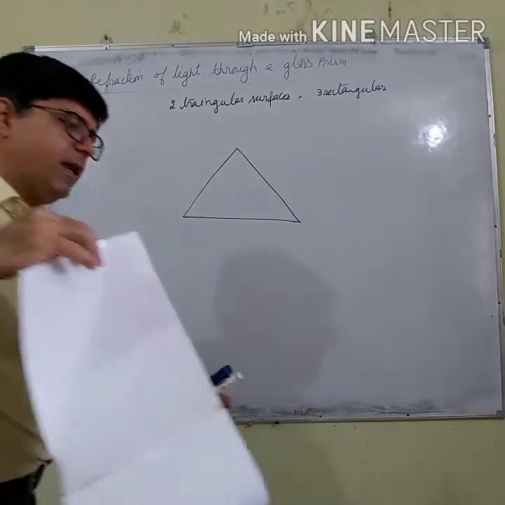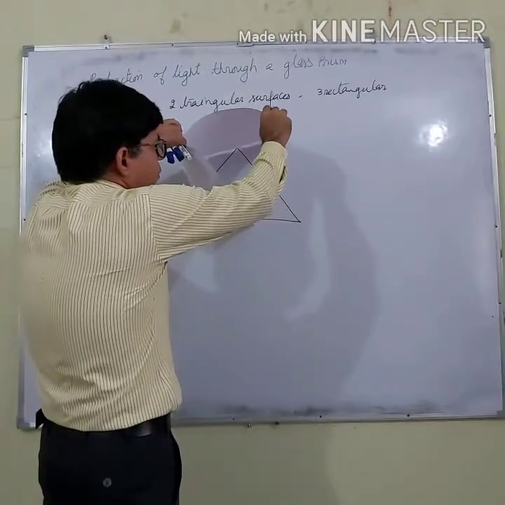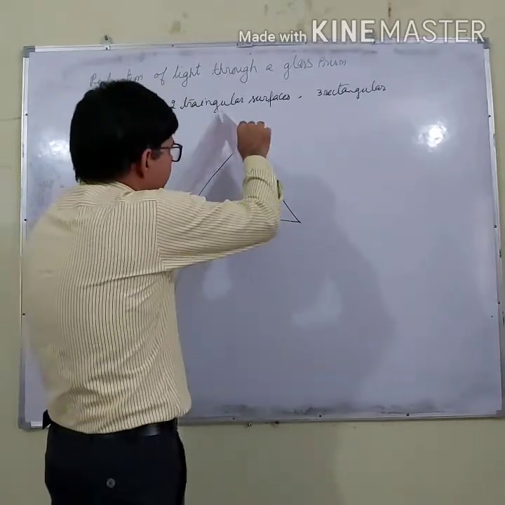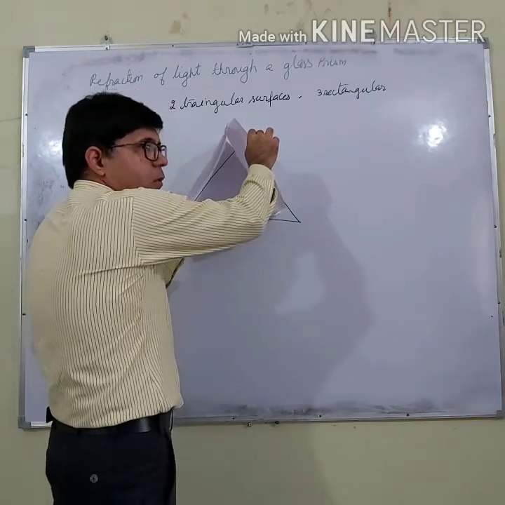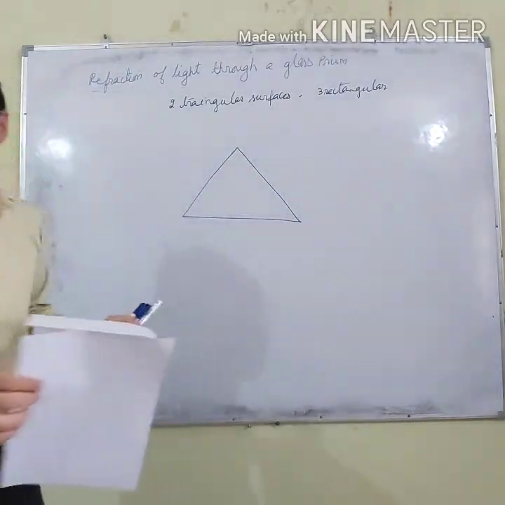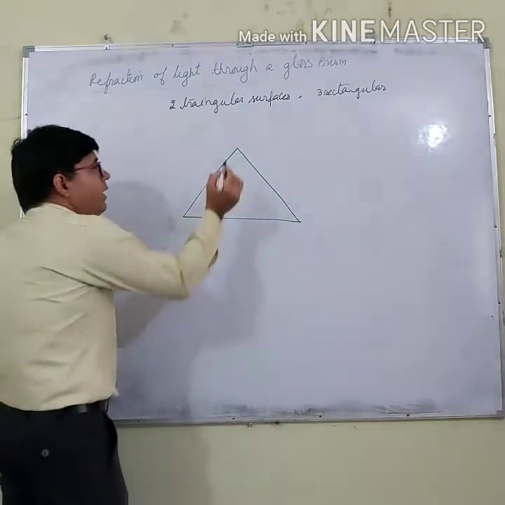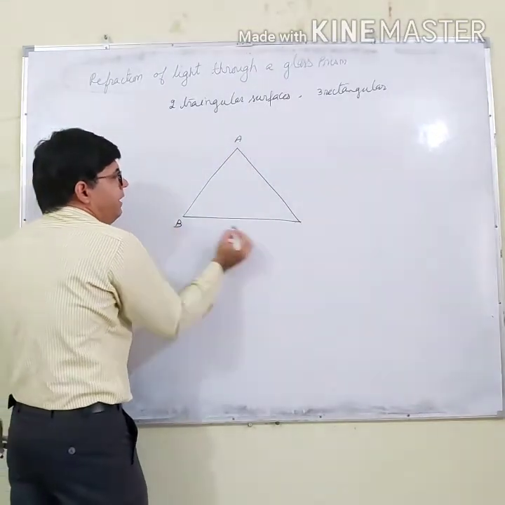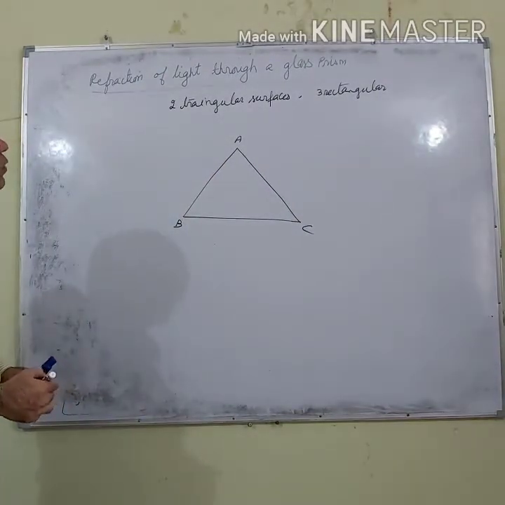We place the glass prism on a wooden board like this, so that we are having the triangular base. Now let's name this glass prism A, B, C. We are going to do refraction of light through a glass prism.